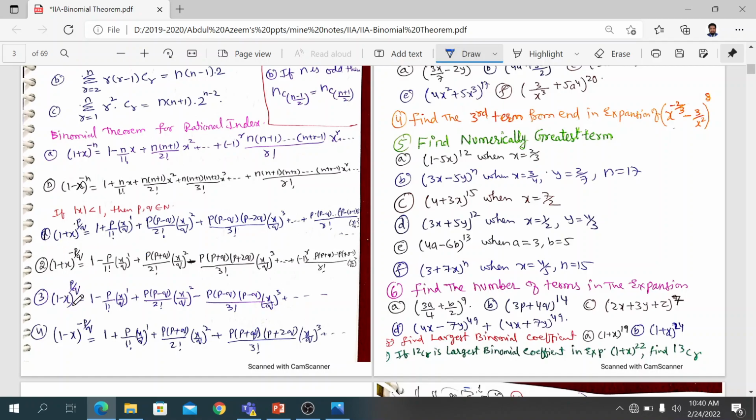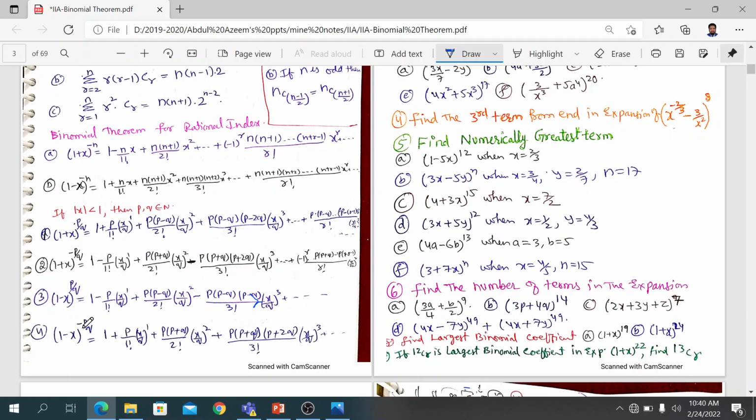Now 1 minus x power of p by q will be 1 minus p by 1 factorial x by q plus p into p minus q by 2 factorial x by q whole square minus p into p minus q into p minus 2q by 3 factorial x by q whole cube.